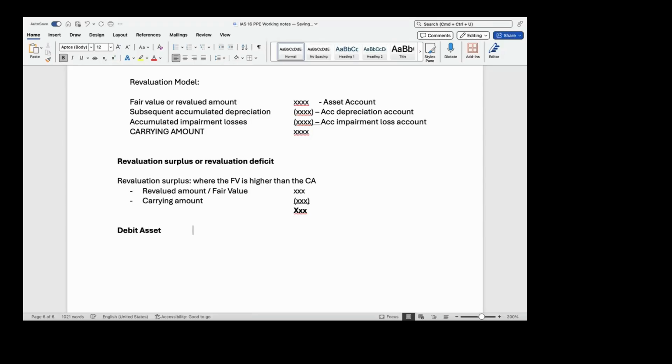You will debit the assets with that increase, but what you're crediting is your revaluation surplus account, right? But this revaluation surplus account, you're going to take it to OCI.